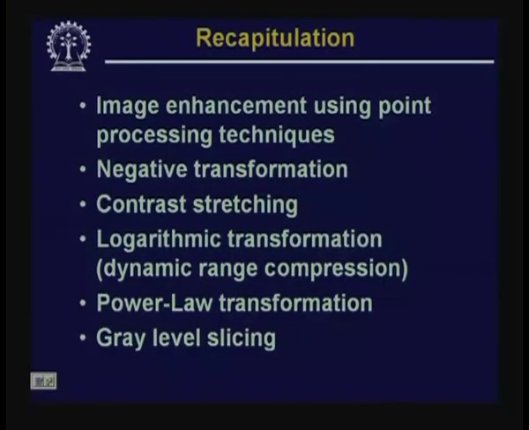So, we have talked about image enhancement using point processing, and under that we have talked about various point processing techniques like negative image transformation. In the case of negative image transformation, we have seen that the processed image is a negative version of the original input image.